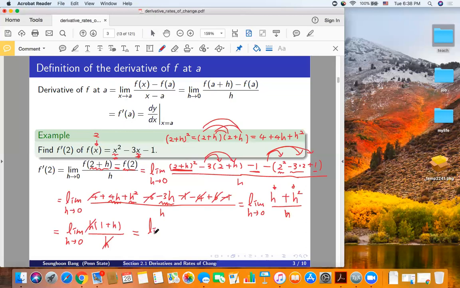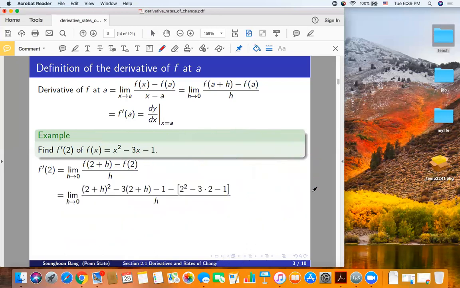This is the limit as h approaches 0 of 1 plus h. Finally, you plug 0 into h, and we have 1 plus 0 equals 1. This is the whole idea for solving this problem.